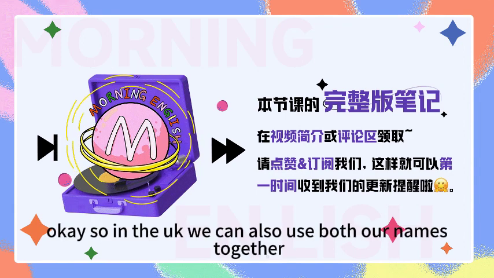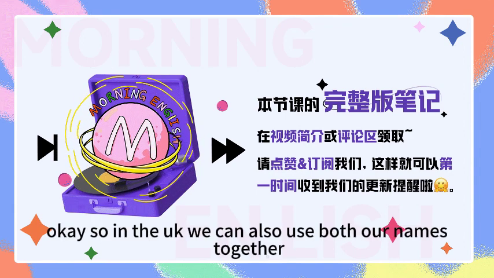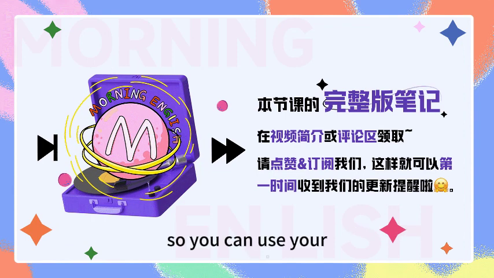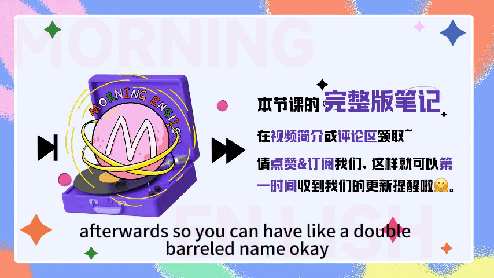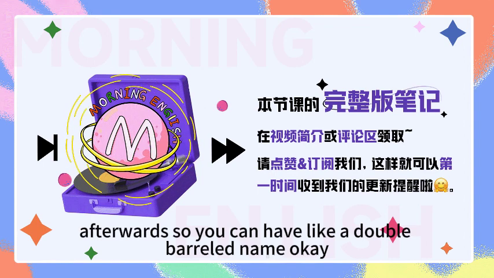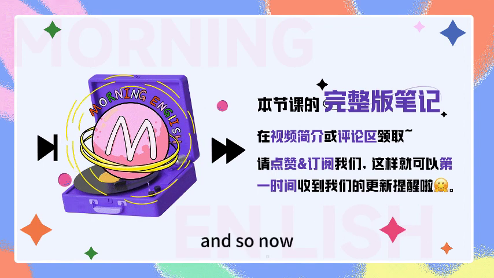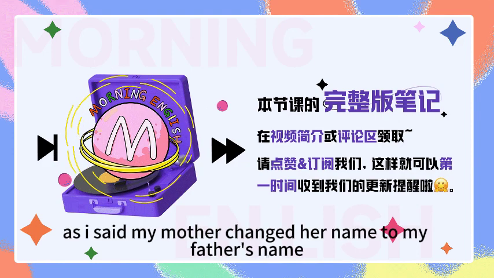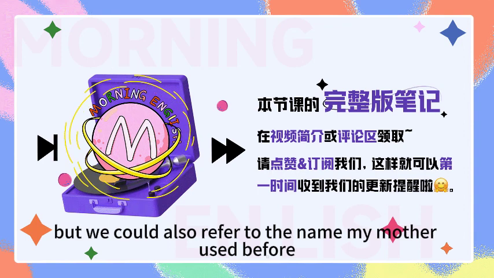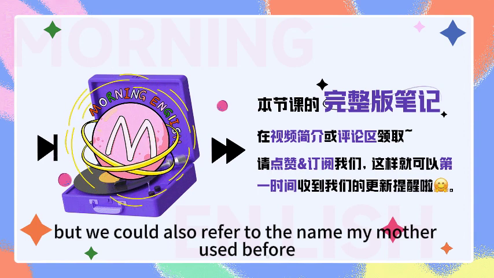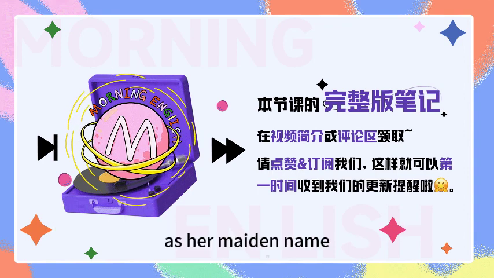Okay, so in the UK, we can also, though, use both our names together. So you can use your family name and then your husband's name afterwards. So you can have like a double-barreled name. Okay. Yeah. So now, as I said, my mother changed her name to my father's name. But we could also refer to the name my mother used before as her maiden name.